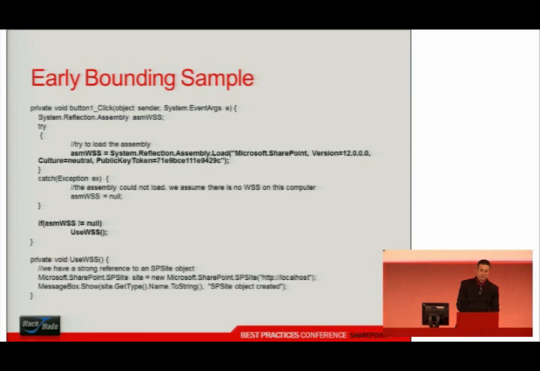One thing to point out, the reason that we're doing all of this inside of another method is because any block of code that tries to access a type that is inside of an assembly that is not currently loaded is going to fail outright. And there's really not much you can do as far as error handling goes around that.